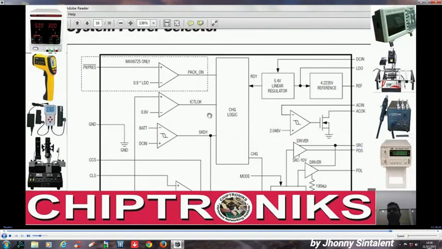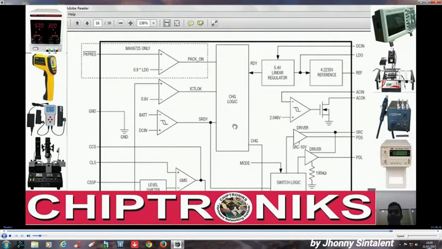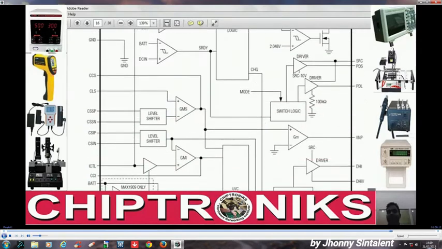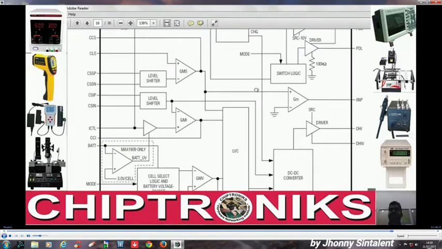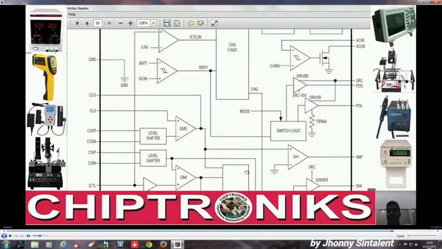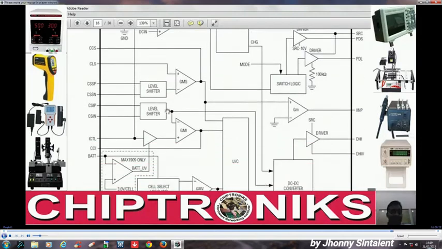Seeing the block diagram, we can say this charger IC has very important components: charge logic, switch logic, and a DC to DC converter. So DHI and DLO is generated by this internal DC to DC converter, which is enabled by charge logic and LVC.